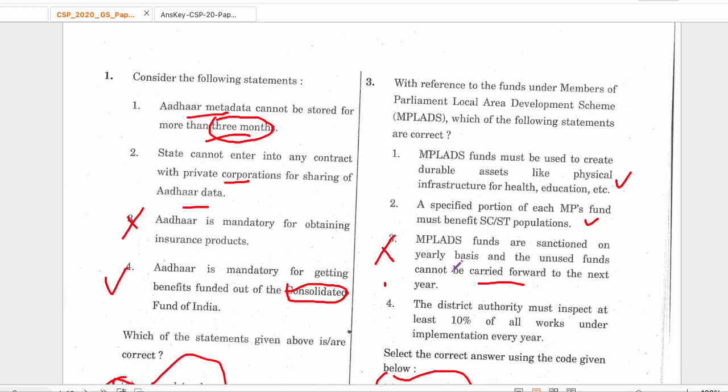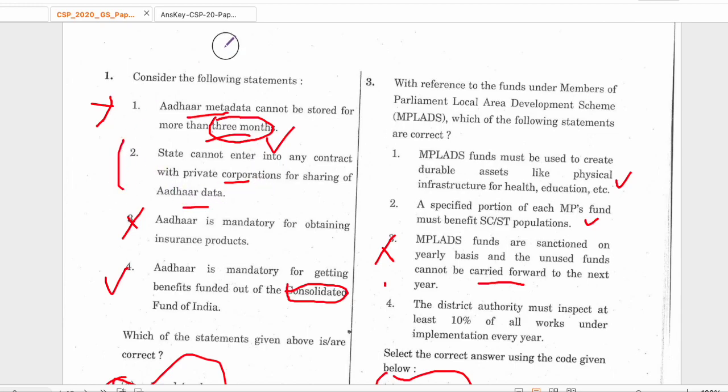Consider the following statements. Aadhaar metadata cannot be stored for more than 3 months. Okay. As I have earlier told you, whenever there is some data, be very cautious. Why should you be very cautious? Because data are easy to manipulate. State cannot enter into any contract with a private corporation for sharing of Aadhaar data.